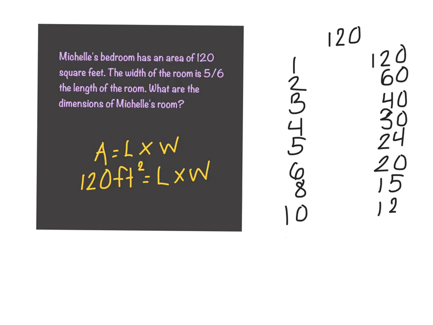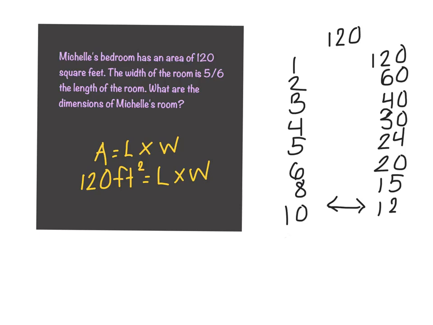So those are all of my factors that equal 120. And I'm looking for numbers that are really close together because the width of the room is 5/6 the length of the room. So the numbers that I see that are close together are 10 and 12.